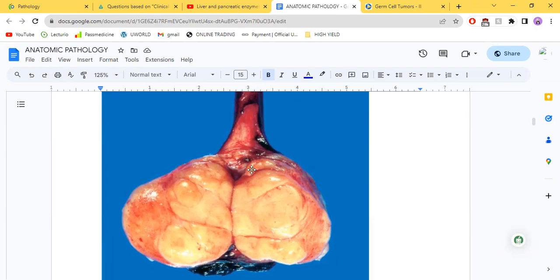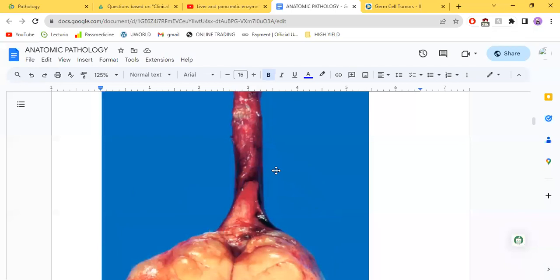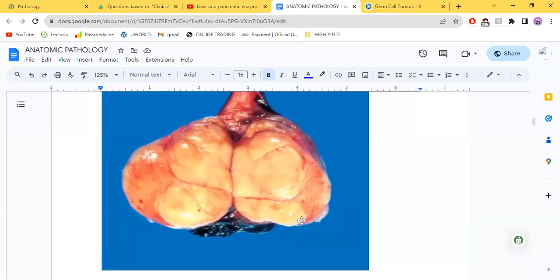Yes, I can see white areas, a well circumscribed lesion. Yeah, definitely. What else? Yes, blackish areas, so necrosis. I agree. And also at the bottom of the organ, there are black areas signifying necrosis. You guys are doing well.